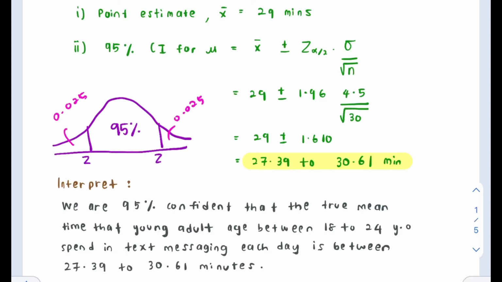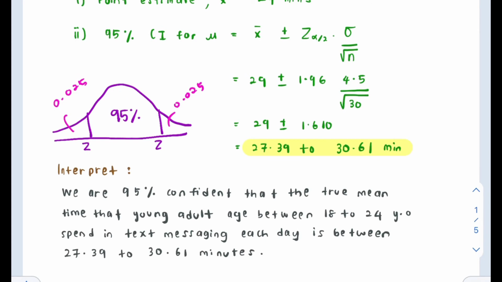Okay, let's say the question asks you to interpret the value that you have here. So what can you say from this value? This is actually the range from the point estimate. The point estimate is actually your middle value.